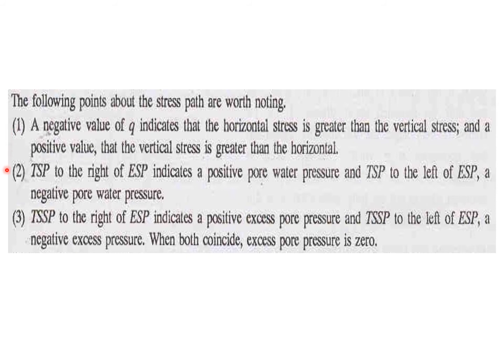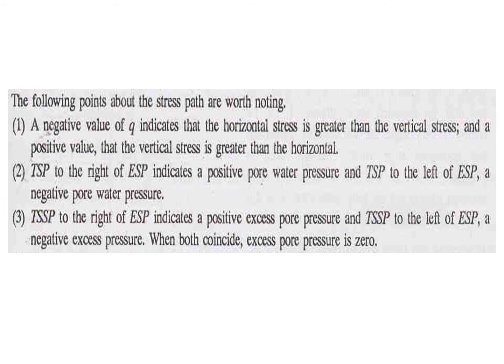Number 2, TSP, the total stress path, to the right of ESP, the effective stress path, indicates a positive pore water pressure, and TSP to the left of ESP a negative pore water pressure.